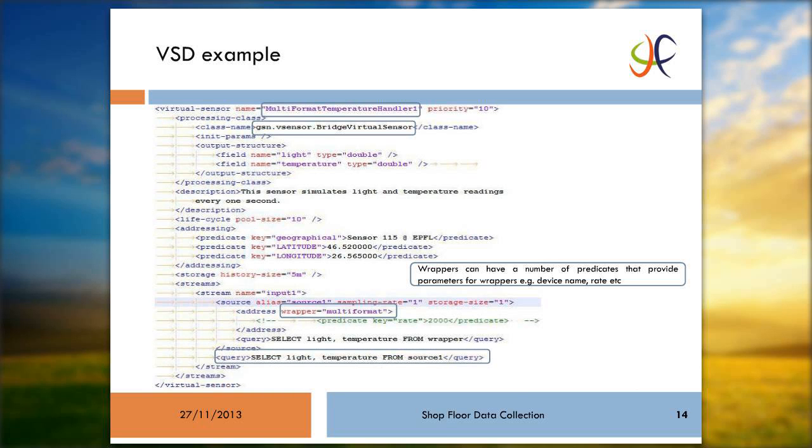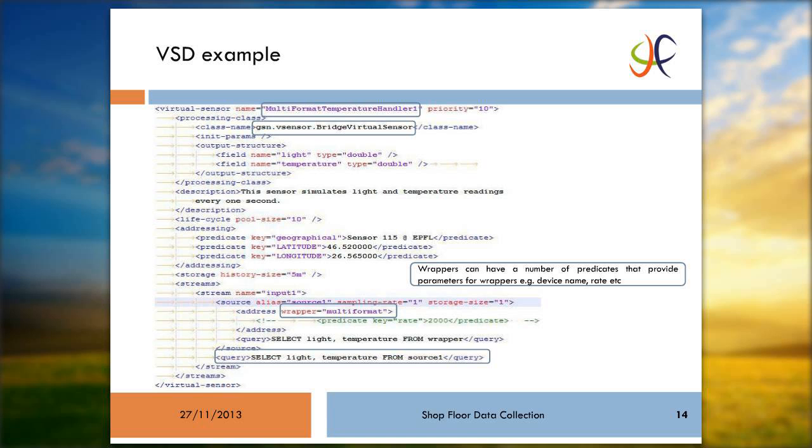This is a simple Java class that we have, and the class name is the bridge virtual sensor. This processing class will be responsible for generating the output streams from the wrapper, which actually gives the data.